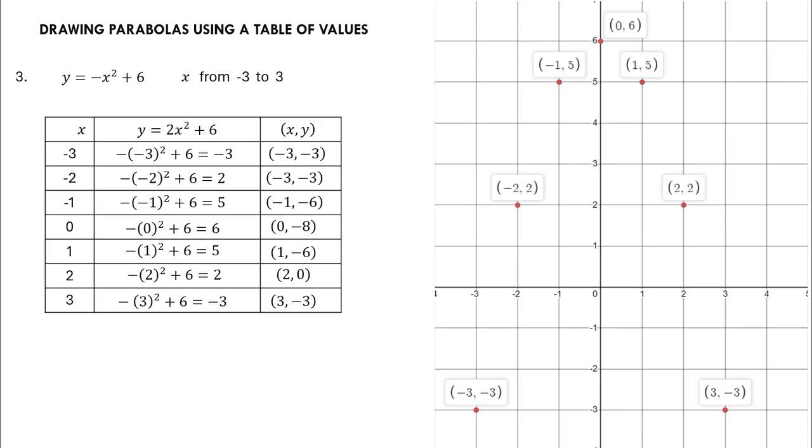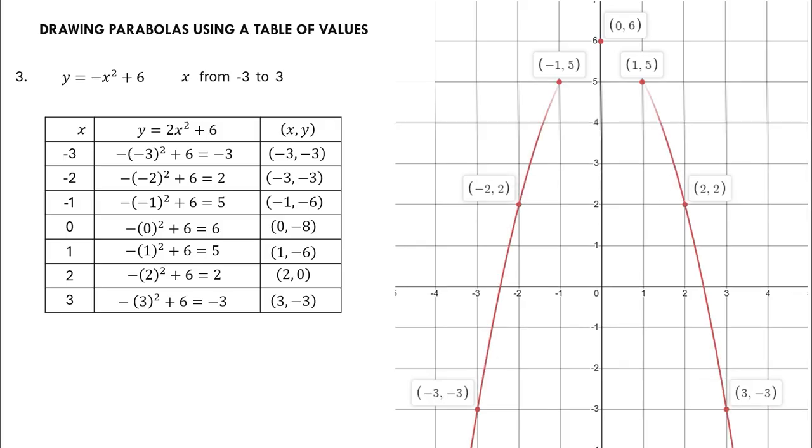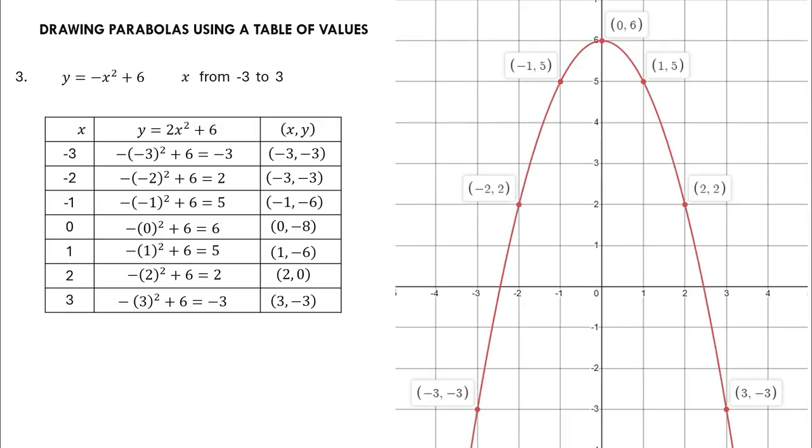And this time, when we connect our coordinates, we get a parabola, but it's upside down. And the reason it's upside down is because of this -1 coefficient right here. So a negative coefficient gives us this kind of sad face parabola, opening down or facing down.